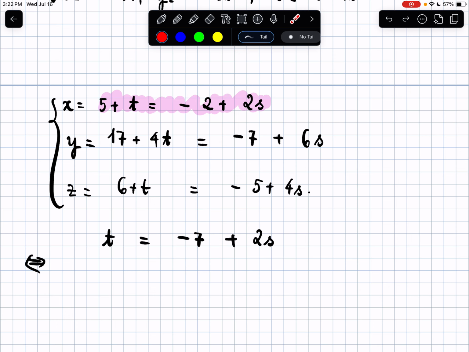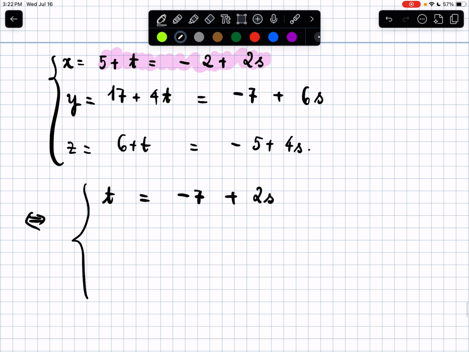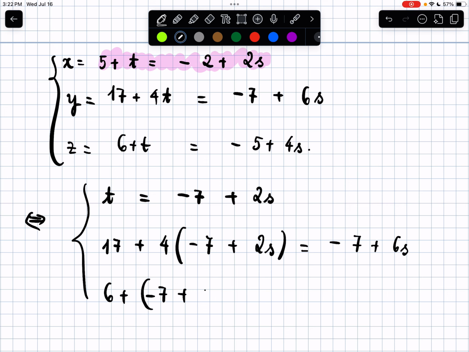We just plug this in the second and the third.